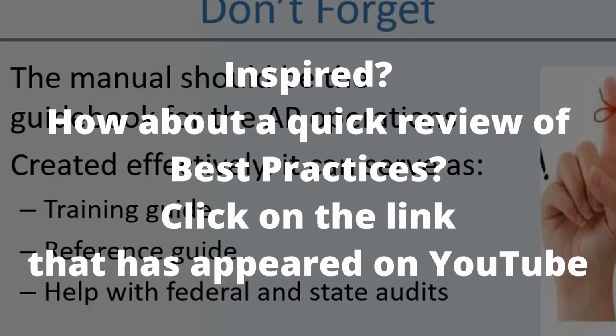And if you're conforming to the state or federal guidelines, you may even be able to get it to help you shorten an audit. And in my mind, anything that can be done to shorten an audit is a good thing.